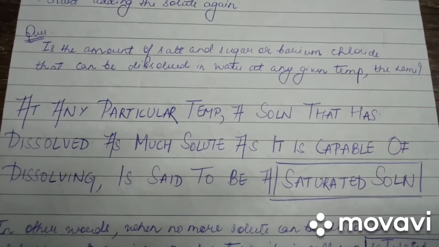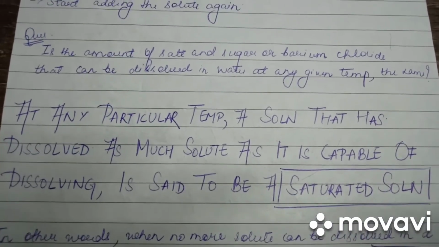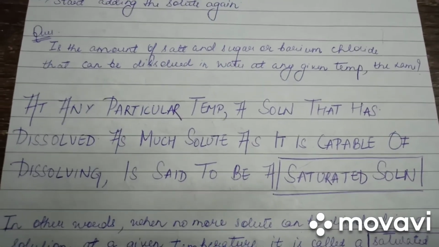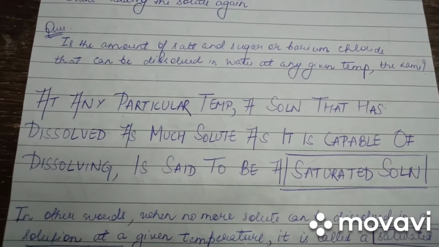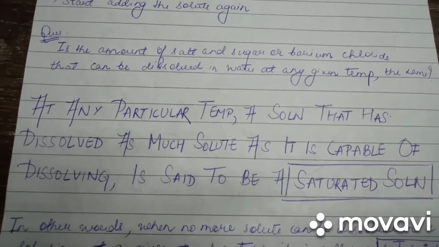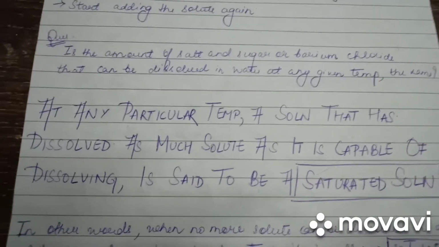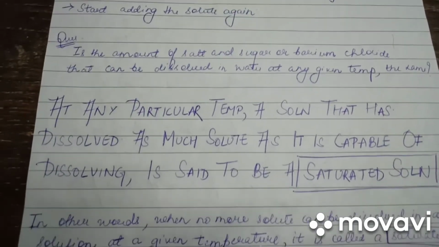Well, at any particular temperature, a solution that has dissolved as much solute as it is capable of dissolving is said to be a saturated solution. That is, at a given temperature, if any given solution has dissolved the maximum amount of solute according to its capacity, then the solution is said to be a saturated solution.